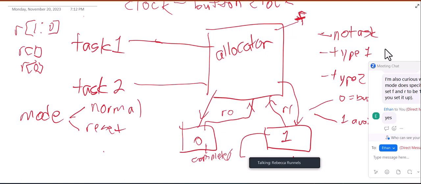You don't have to know what kind of task it was. You don't have to keep track of it. All you have to do is have an LED to say, hey, there was a switch set for me to assign something and I was not able to assign it. And that's what F is. F is an output. It's going to be an LED, and it'll be lit if it's not able to assign something.